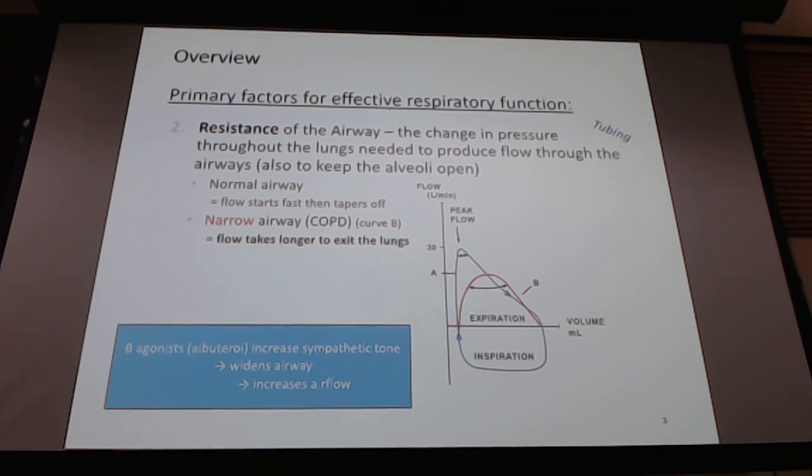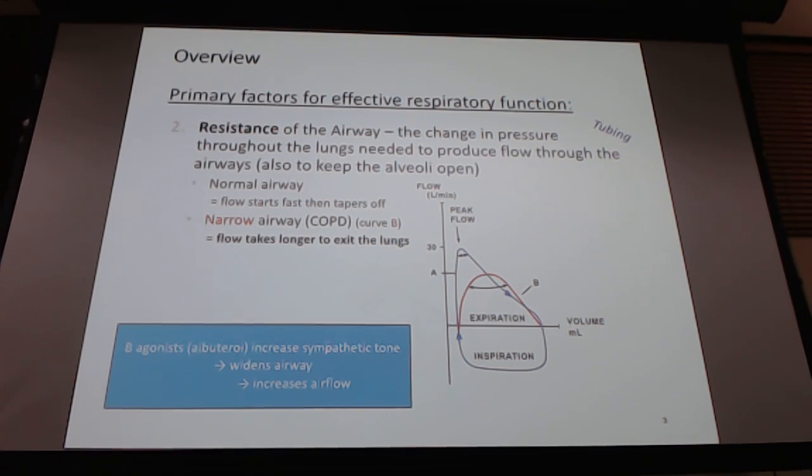And then this is the flow. So it goes really, really fast. This is where you're measuring those large airways, right? The bronchioles, the bronchi, the ones we'll talk about when we talk about COPD and asthma. And then here is where we talk about those smaller airways. This is that last little bit of air eking out.